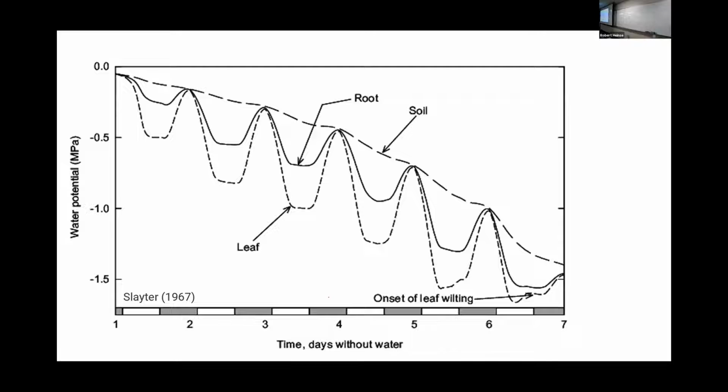But what the plant experiences, of course, is what you see here in the root potentials and in the leaf potential. On the first day of no watering, the root potential becomes more negative than the soil potential, and the leaf potential becomes even more negative than the root potential. So in other words, this is the day period, and this is the night period. In the night period, everything comes back together because there's no active transpiration.